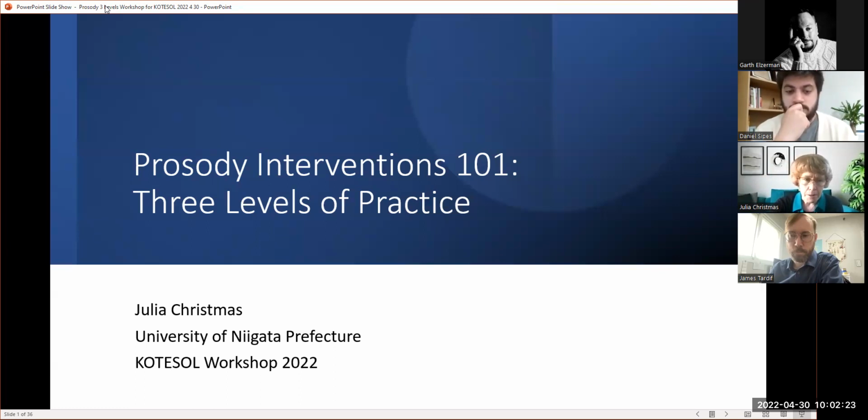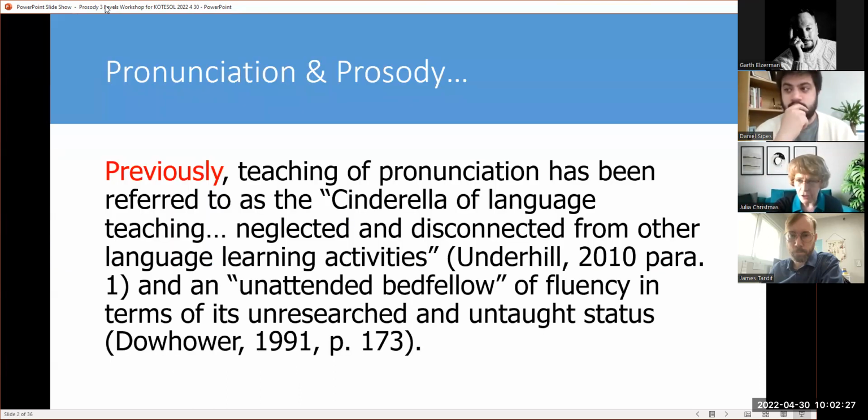So a little bit about pronunciation and prosody. The research has shown that previously it has really been the Cinderella of language teaching. It has been called the unattended bedfellow of fluency. I think that's a truth, but there's also one of the triggers for this workshop, and the paper that goes with it, is that there's actually so much now.